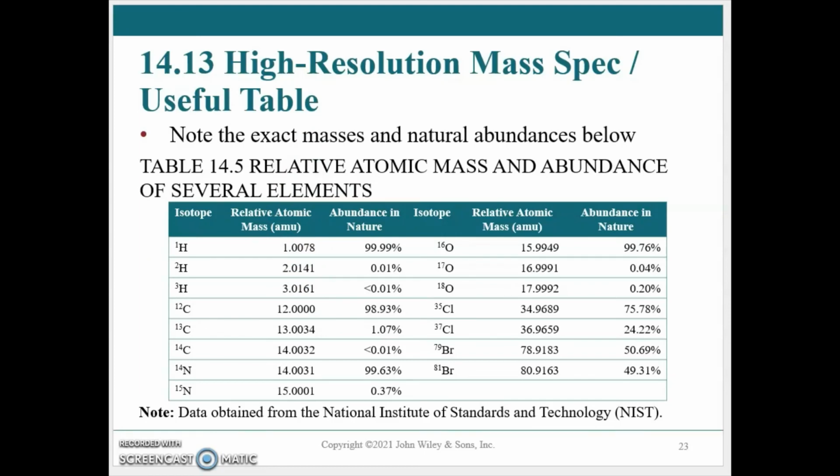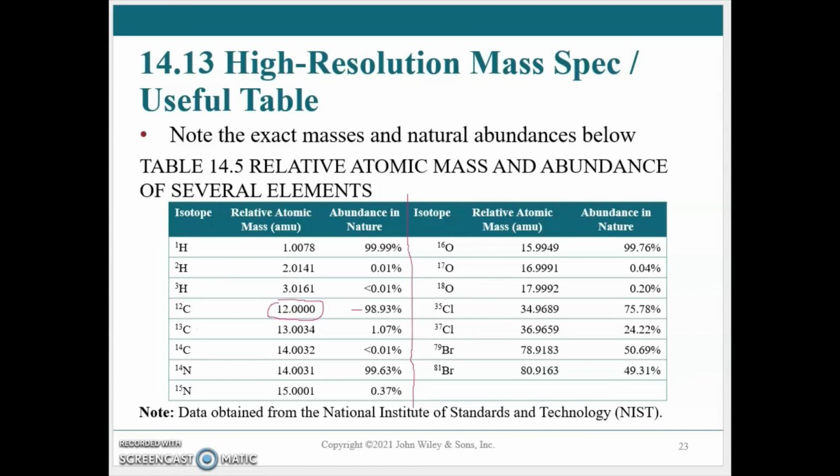So when we measure the mass to such a high precision, we can, well, let me, I don't like this table too much. This table wraps around on itself to fit on the slide. What you see here is that carbon-12 has exactly 12.0000. We talked about this before. It's 98.9% abundance, or roughly 99 to 1 relative to carbon-13.